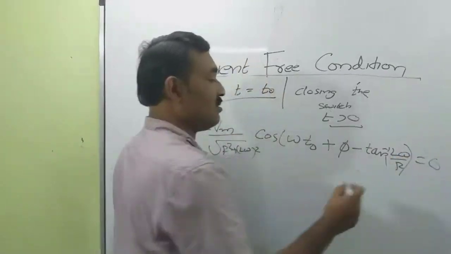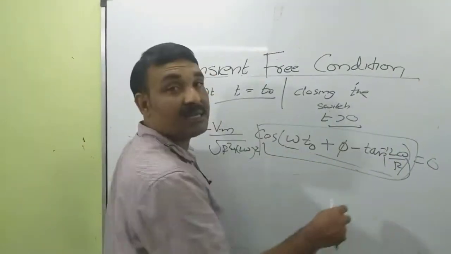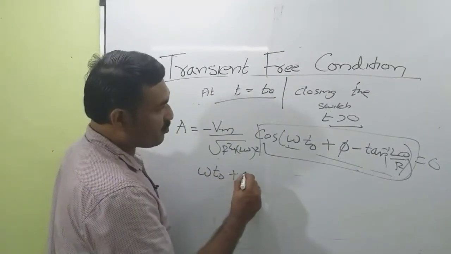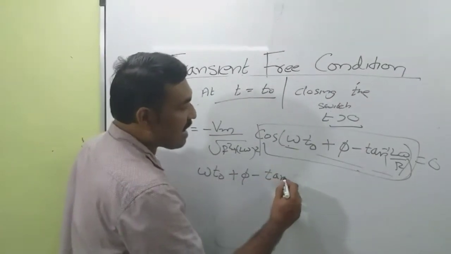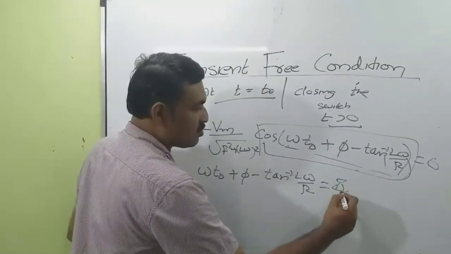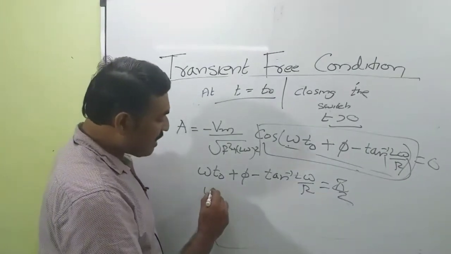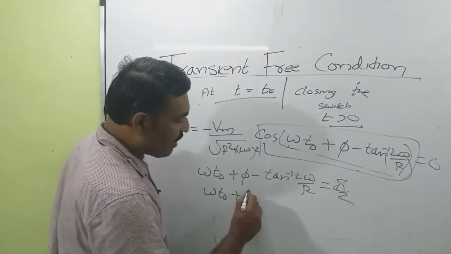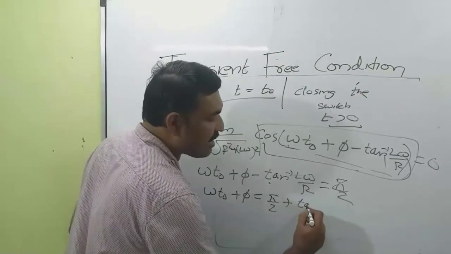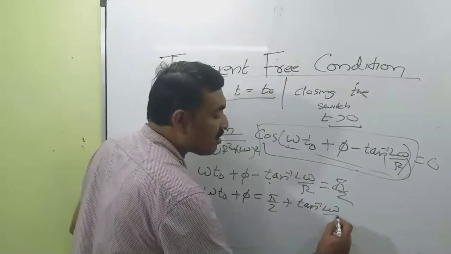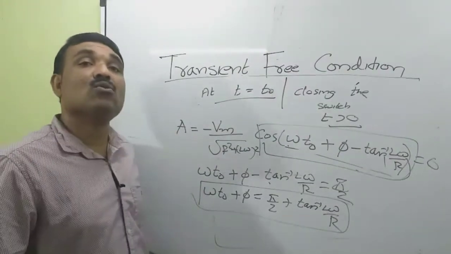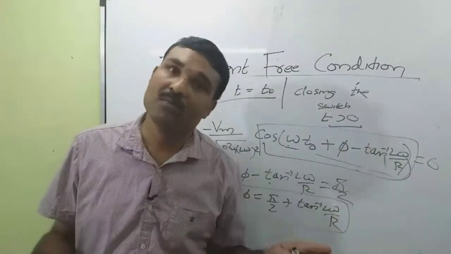This is equal to 0. This term is equal to 0, or this angle is equal to pi by 2. That means omega t0 plus phi minus tan inverse L omega by R is equal to pi by 2, or omega t0 plus phi is equal to pi by 2 plus tan inverse L omega by R. So this is the transient free condition if the switch is closing at t equal to t0.